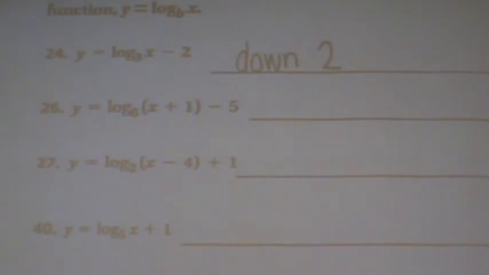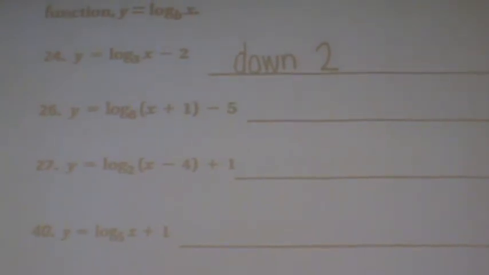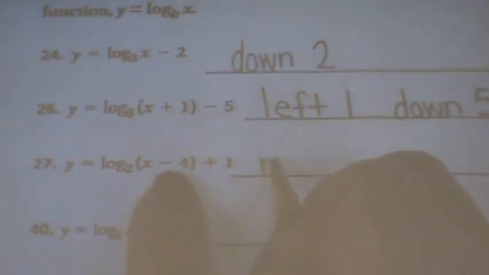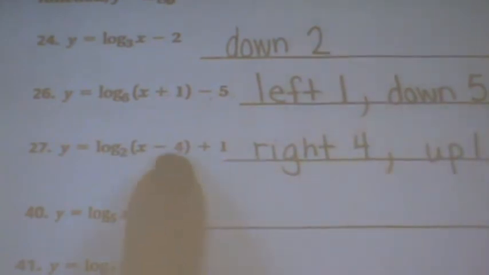Okay, think about 26. What would that be? Left 1 and down 5. How about 27? Right 4 and up 1.